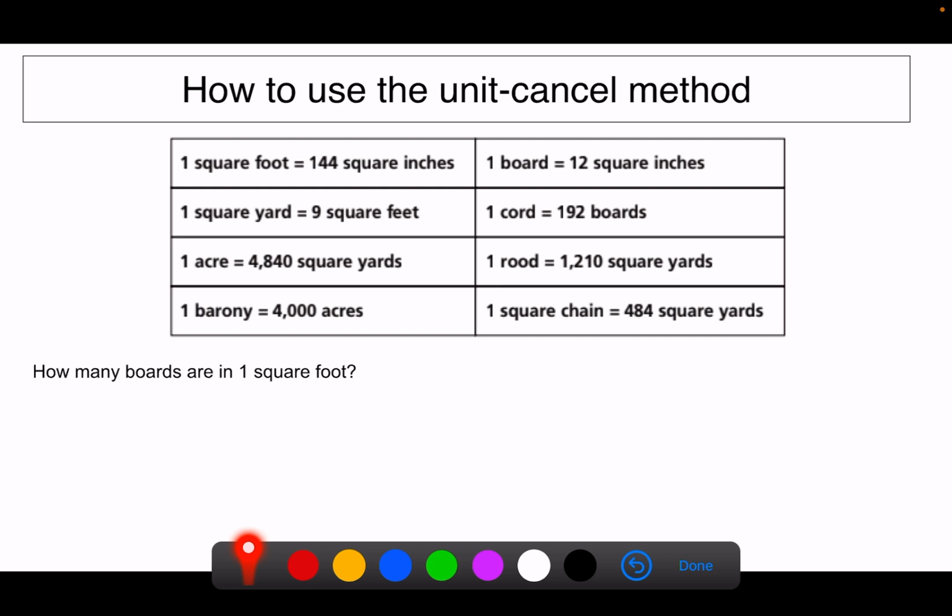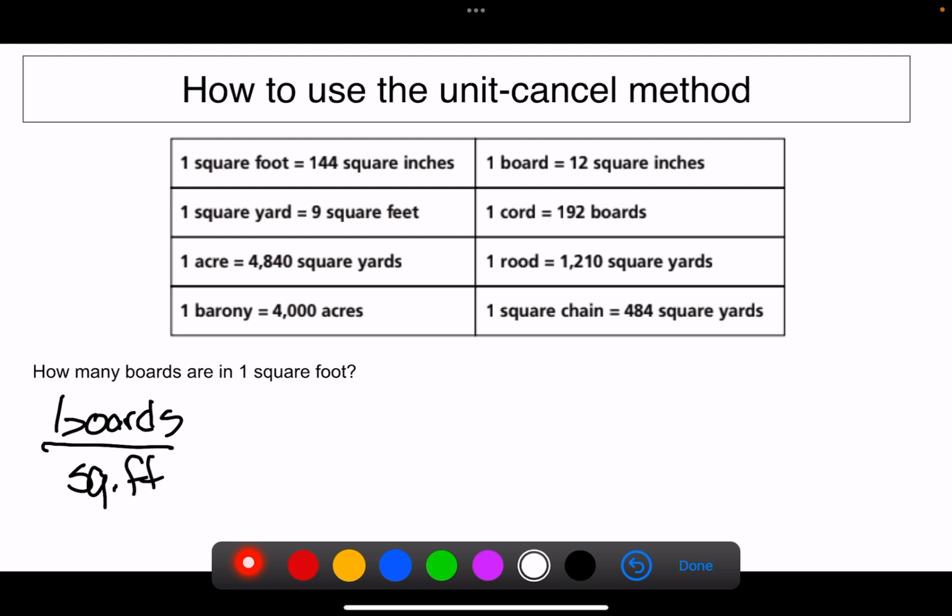The first thing we want to know is boards in square foot. So I'm just going to write, we want to know boards per 1 square foot. I'm going to abbreviate square foot like that. Okay, how many boards per 1 square foot? That's what we're after. We want the ratio to end like that. So now I start.